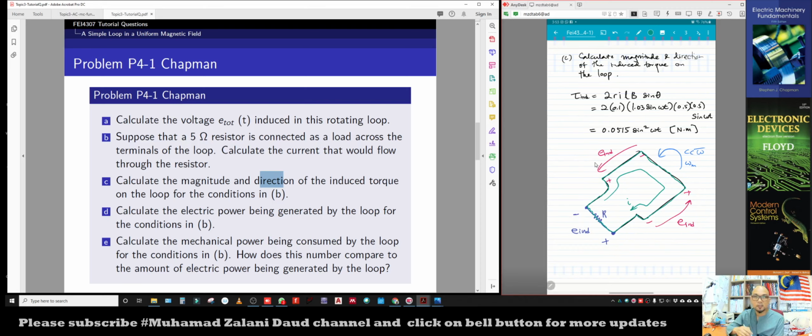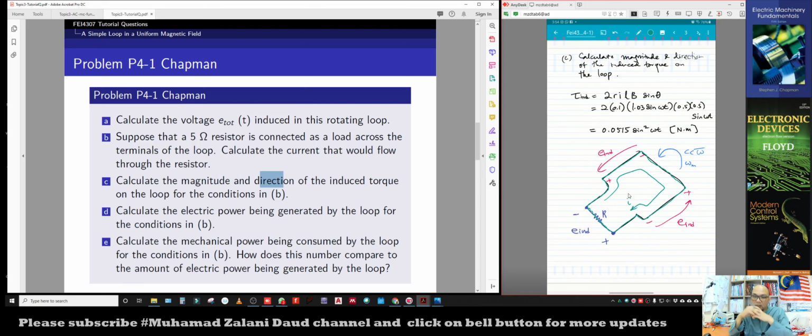Once we connect the resistor, the current will be flowing in that closed loop, because it is a complete circuit when we attach the resistor across the induced voltage terminals. Once we have current flowing in this wire loop, since it is also placed inside the magnetic field, torque will be induced.